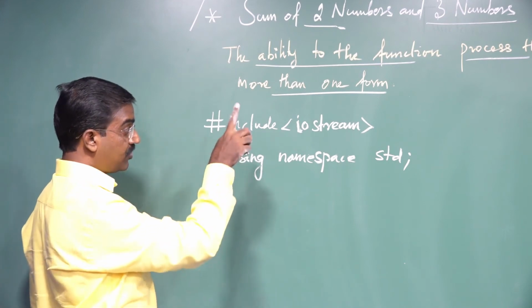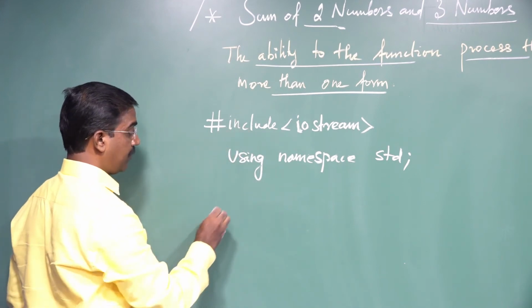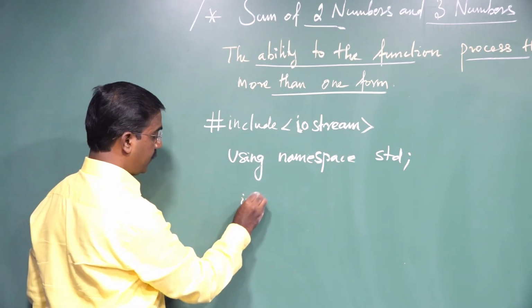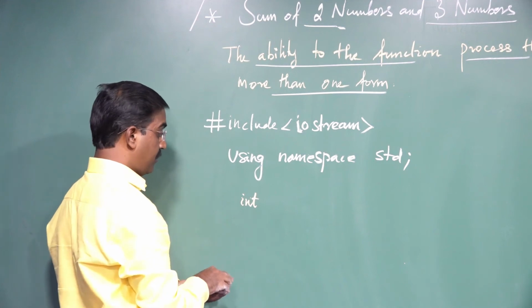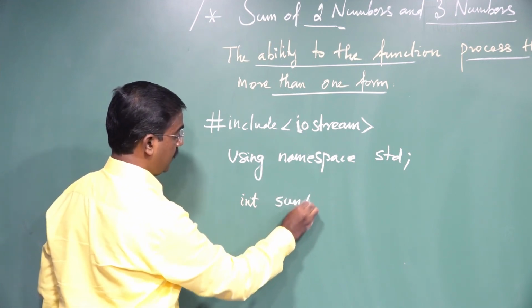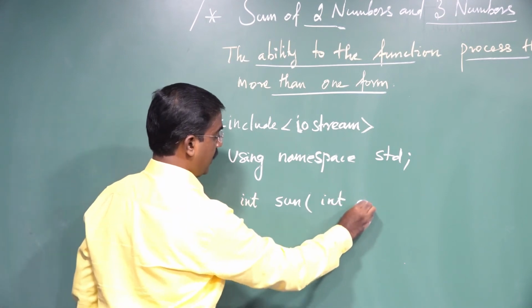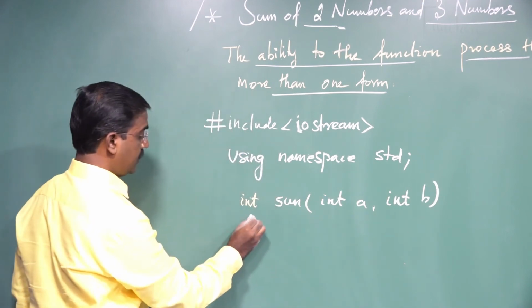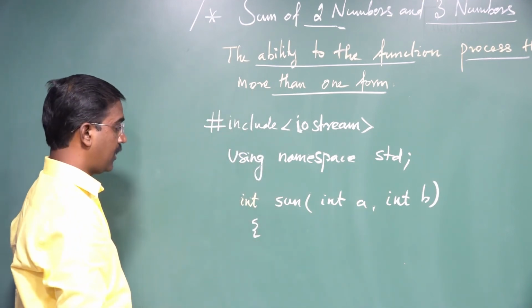Now this is function overloading. That's why the data type is what? Programming method: integer, and then the function name is what? Sum. Here integer A and then integer B. These two arguments are processed.